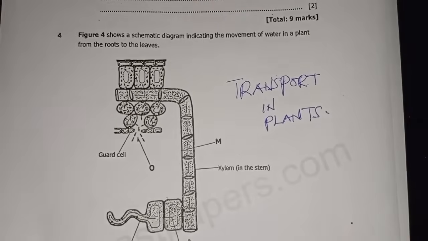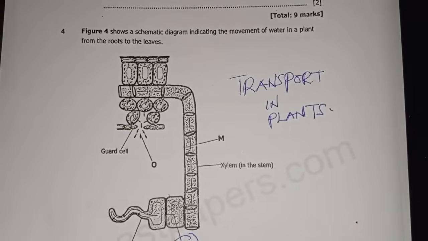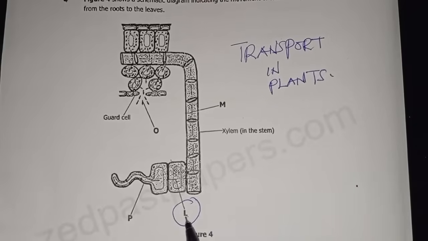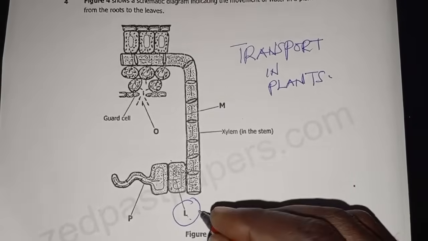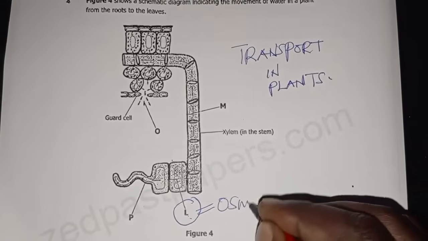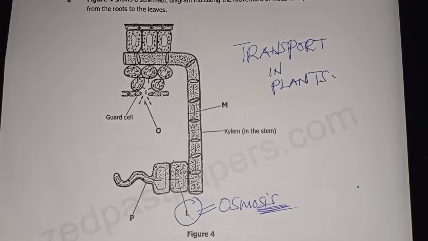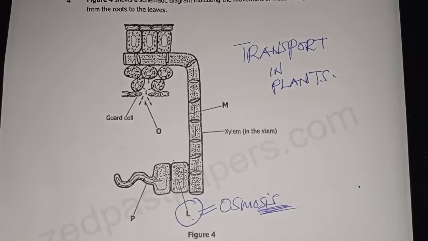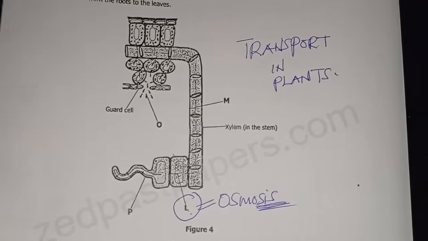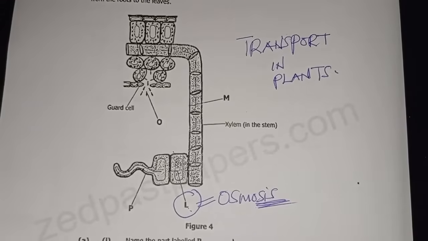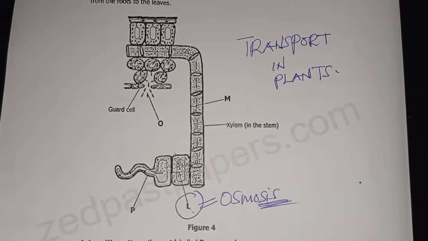We've got a point L here. So at this particular point L, this is called what? Osmosis. I guess you know what osmosis is. Osmosis, the movement of water from a region of what? Higher to lower.